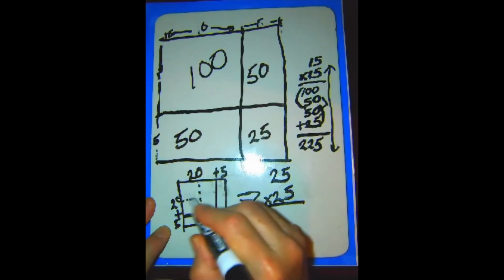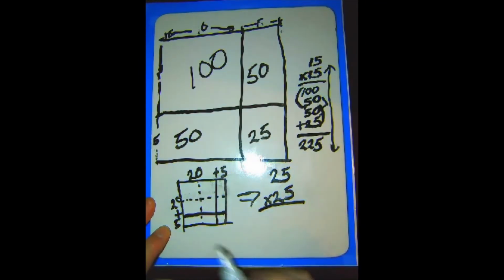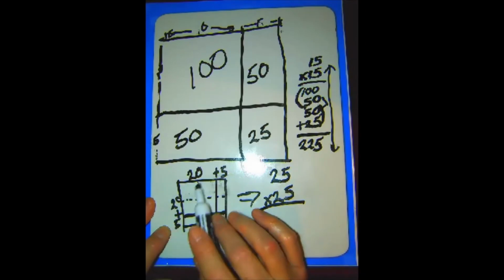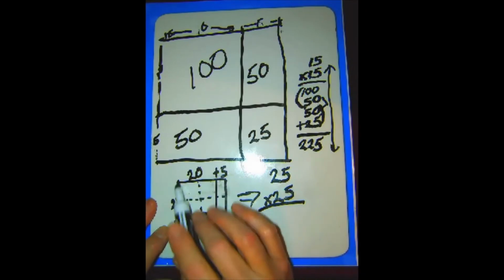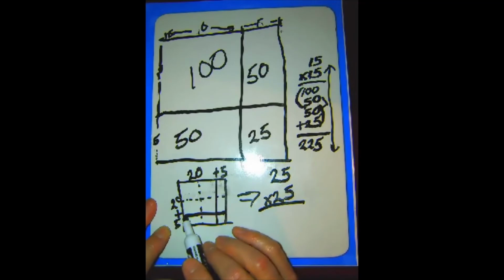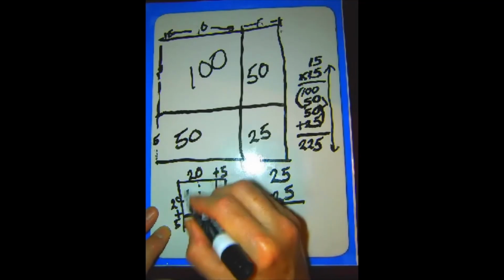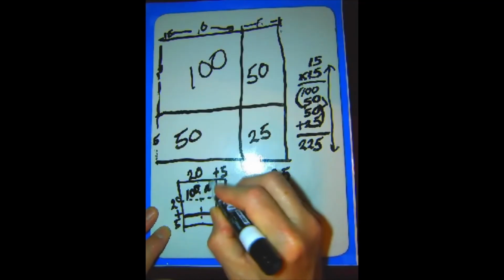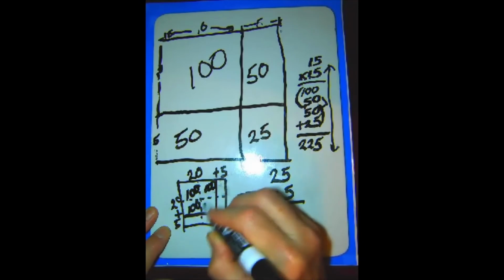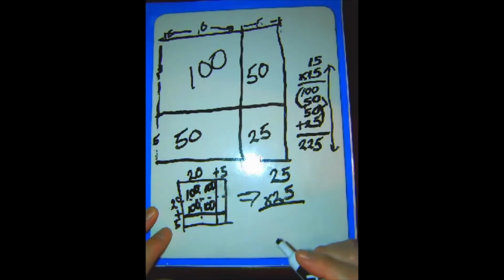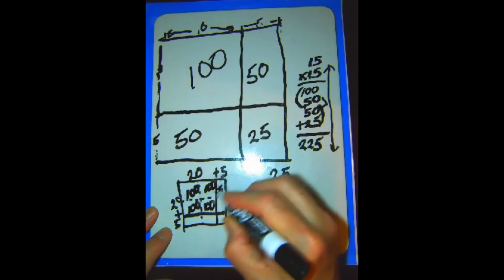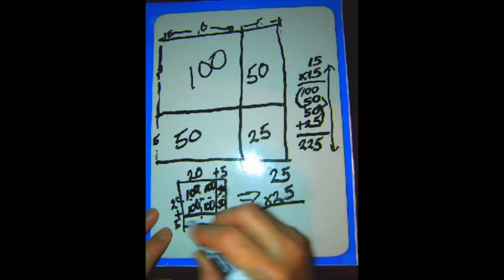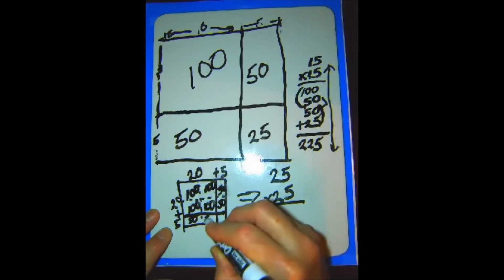We have one group of 10 and another group of 10, one group of 10 and another group of 10. So this would give me a total of 4 hundreds flats. I would have a 50 here and a 50 here. I would have a 50 here and a 50 here. I would still have this little 25 in the corner.